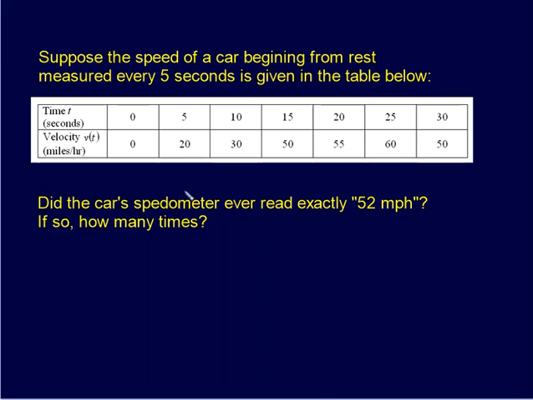Well, hopefully you took a look at this and you found that you think it might have happened at least 2 times. If you've ever driven in a car and you've accelerated it, then for example, you might have noticed something like this, that in this first 5 seconds, when the velocity increased from 0, maybe when it was stopped, and 5 seconds later the speedometer read 20 miles an hour, we know that at some point during those 5 seconds, the speedometer would have read 12.